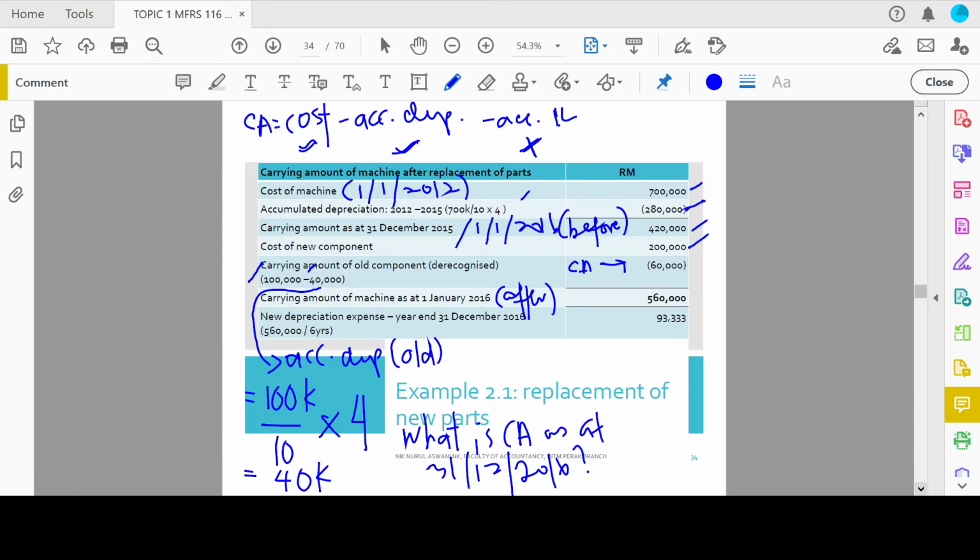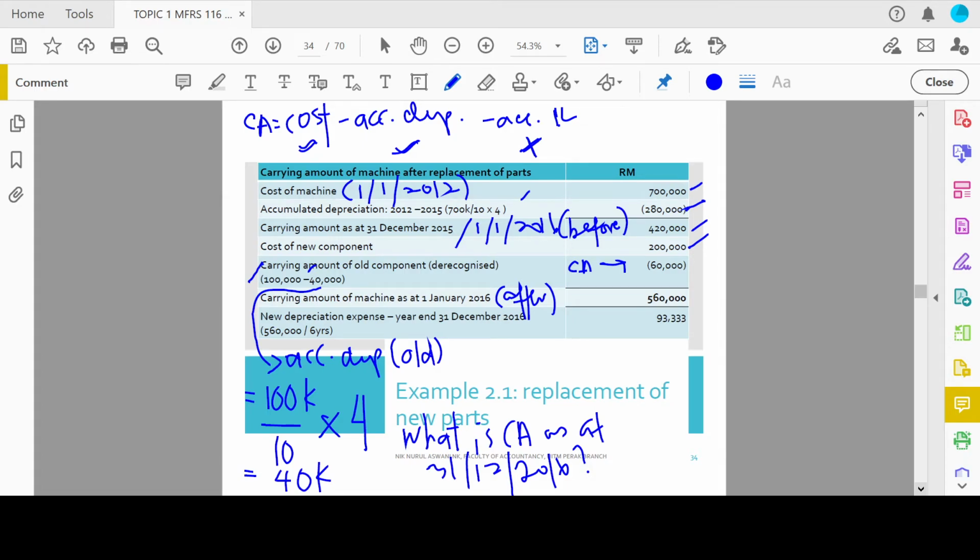So for this machine, on 1st January 2016, we adjust the carrying amount to include the new component and to de-recognize the old component. Therefore, the new carrying amount on 1st January 2016 after the replacement took place is 560,000.